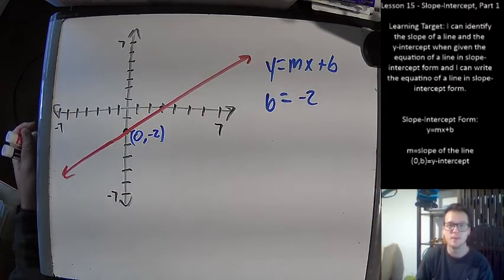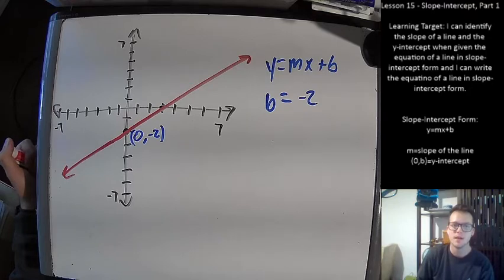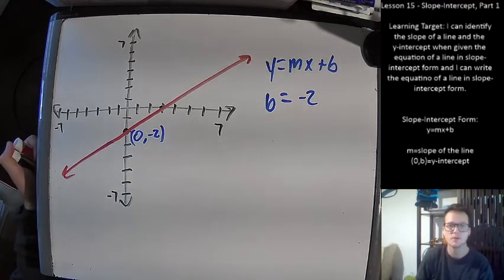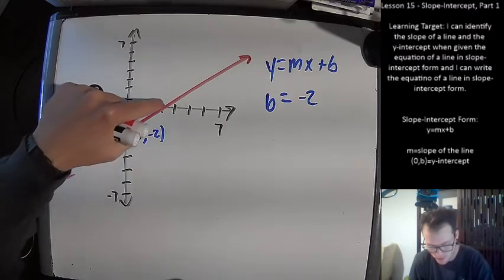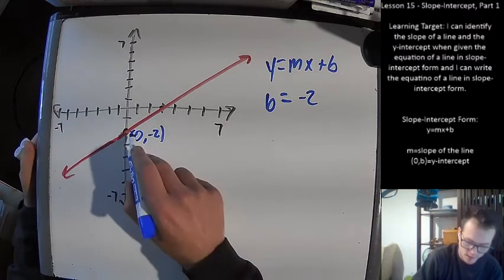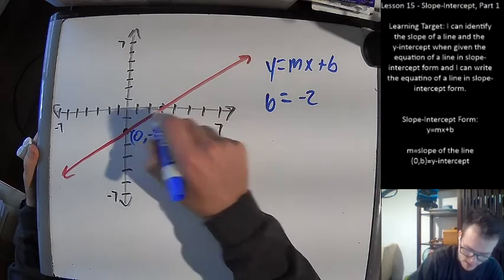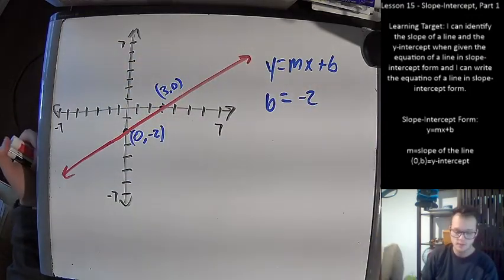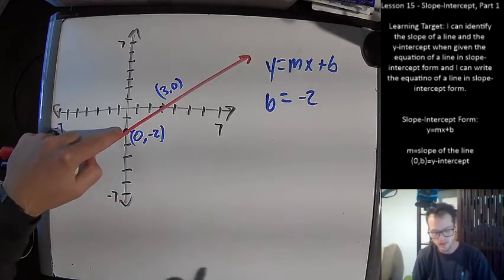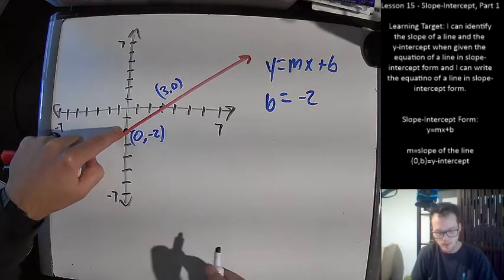Cool. Let's go find the m now. M is the slope of the line. So we can find the slope of this line doing a little bit of rise over run. So if I start at this point here and I'm going to this point right here, so I'm starting at 0, negative 2, and I'm going to this one, which is at 3, 0. I'll label that. So doing a little bit of rise over run, reading from left to right. For this point to be at the same height, we have to go up 2.